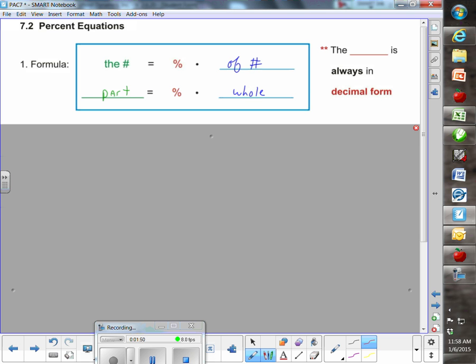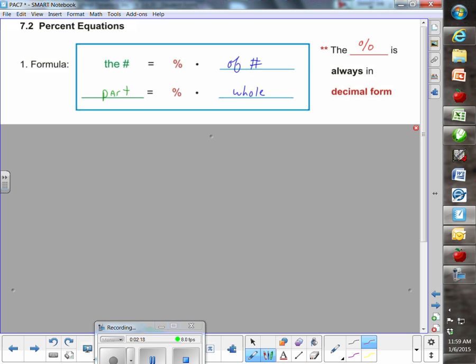This is important for any formula where there's a percent involved. If you look at the formula, we've got percent. And whenever you use percent in a formula, you must remember this part: the percent is always in decimal form when you use it in the formula.